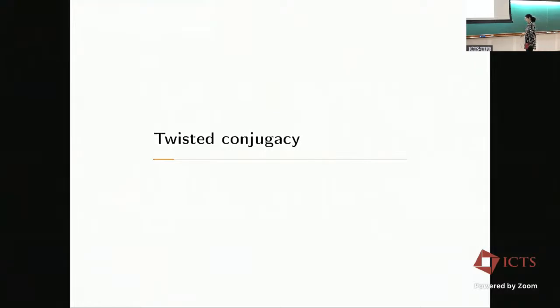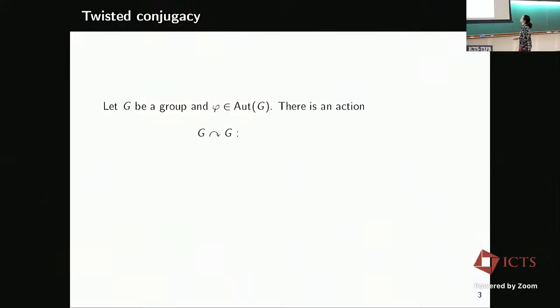But as I mentioned, I'm interested in twisted conjugacy, so I should tell you what this is first. Twisted conjugacy is just a generalization of conjugacy in which we use an endomorphism or an automorphism to twist a little bit. I'm defining everything for automorphisms, but you could define this for endomorphisms as well. You define an action of G on itself in which G acting on x gives g x phi(g) to the minus 1.